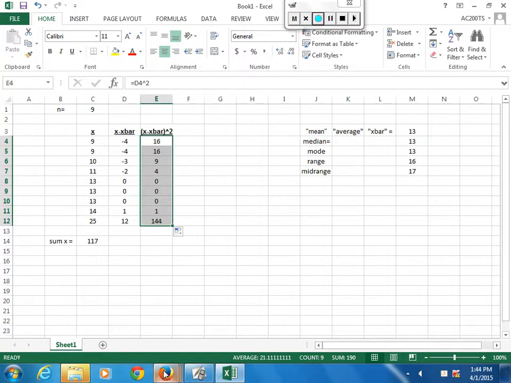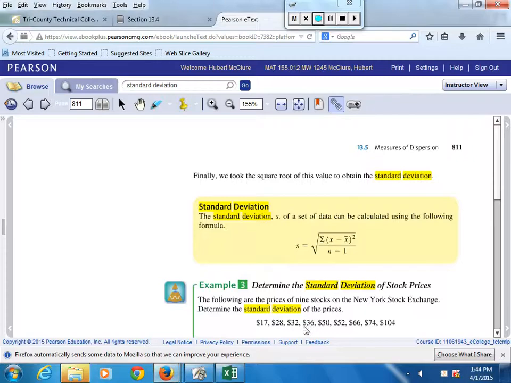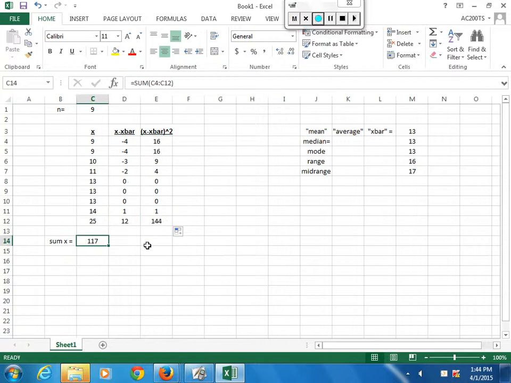Now, what are we going to do with x minus x bar squared? Add them together. Good job. 190. Now that right there is your numerator for your formula.